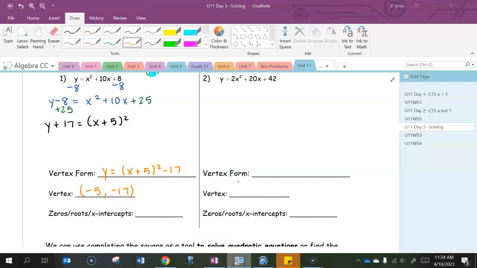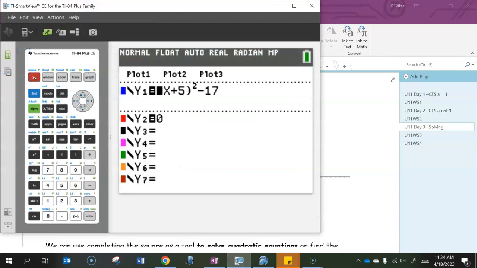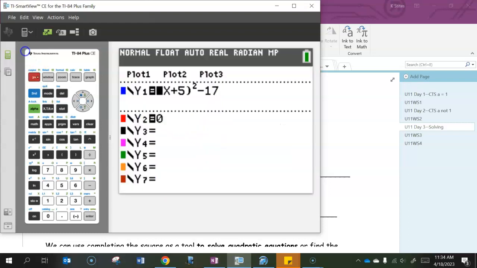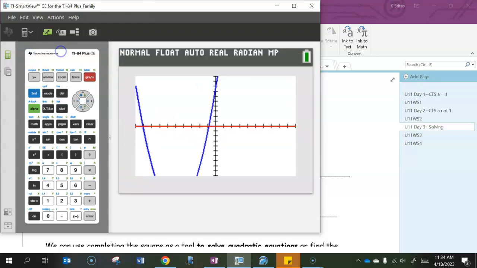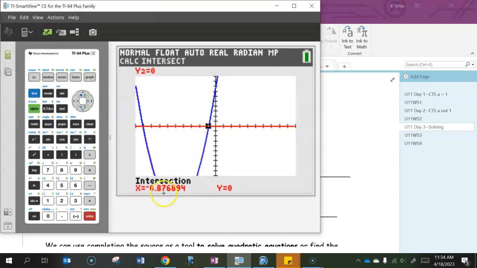And now I'm actually going to go to my calculator. I have typed this into my y equals and graph. And this is what it looks like. So what I'm going to do is find the zeros. Make sure to find the zeros. You have your y2 equals 0, and I'm just going to do second trace 5. Enter, enter, enter. So my first zero is at negative 0.88.